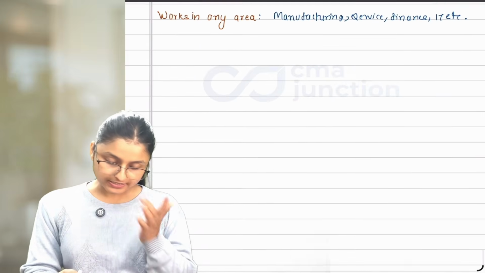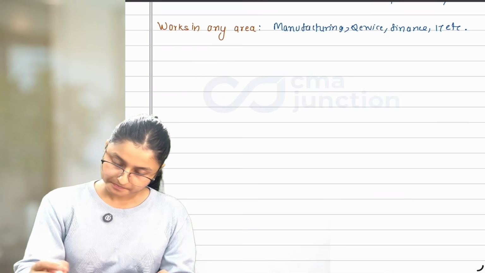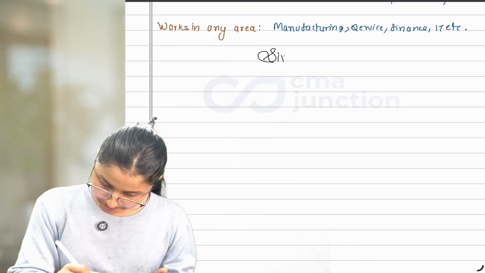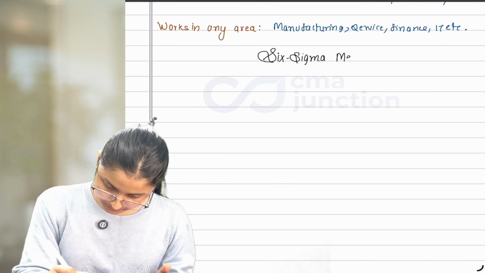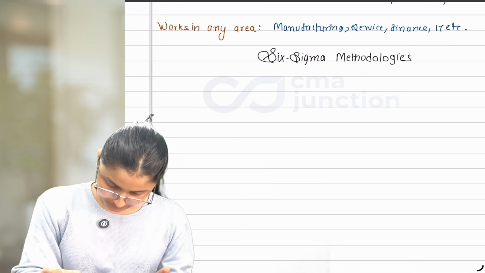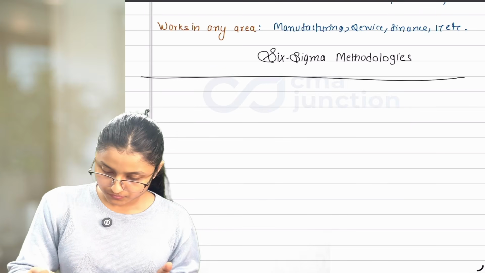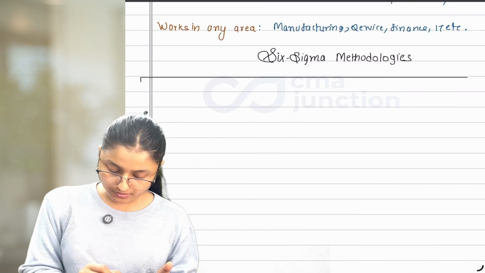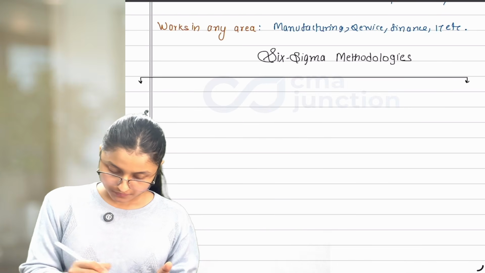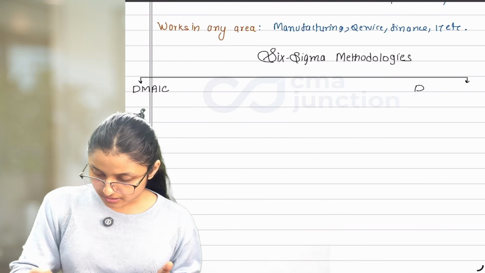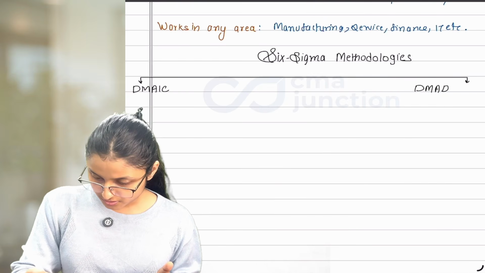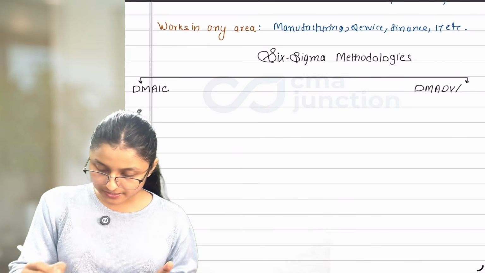Next, Six Sigma methodology. So we have two different methods under Six Sigma. First is DMAIC and the second is DMADV or DMIADV.